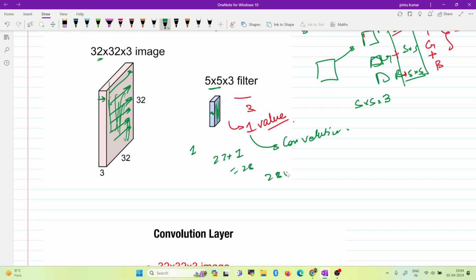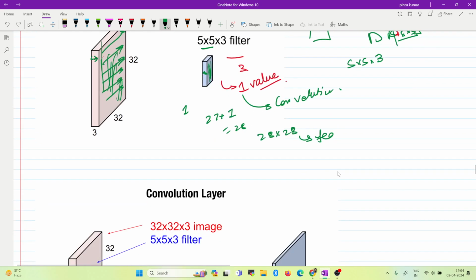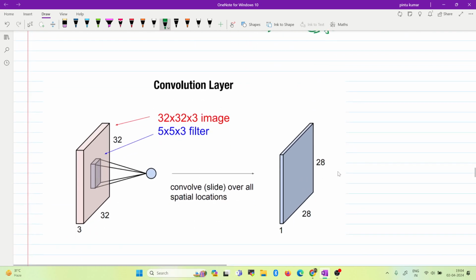So we should obtain a 28 cross 28 feature, right? Let's go down, and this is what we have obtained. Because we had only one value, its depth is only 1. So after we convolve on some image, you obtain a 28 cross 28 feature.